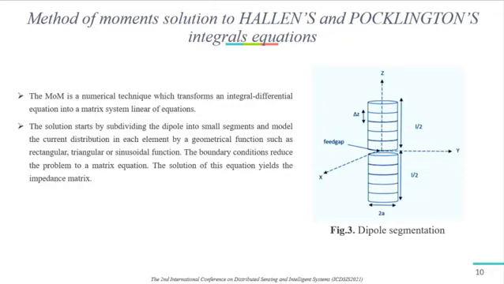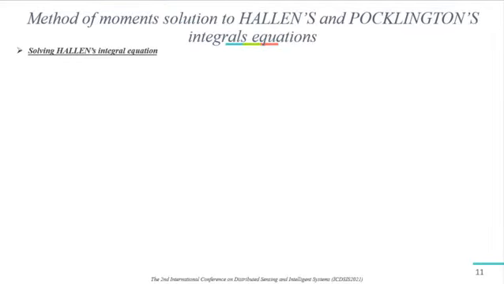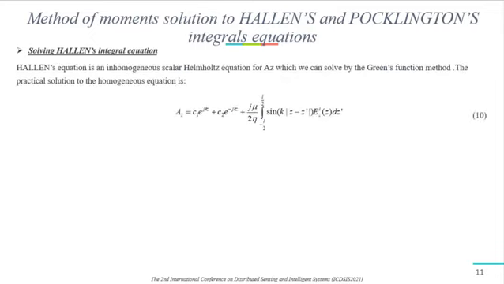The solution starts by dividing the dipole antenna into small segments and modeling the current distribution in each element by a geometrical function such as rectangular, triangular, or cylindrical function, and the boundary condition reduces the problem into a matrix equation, and the solution of this equation yields the impedance matrix. First, we will start by solving Hallen's integral equation, which is a homogeneous scalar Helmholtz equation, which we can solve by the Green's function method.